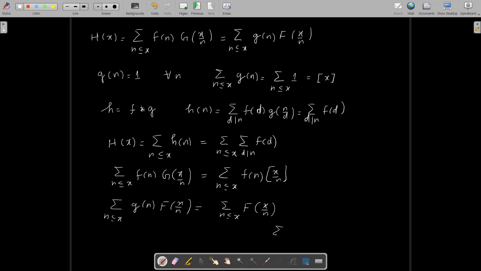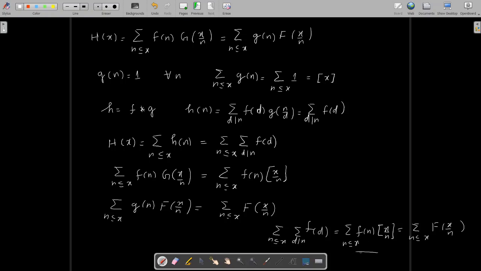Since these three quantities are equal, we get sigma n less than or equal to x, sigma d divides n, f of d, equal to sigma n less than or equal to x, f of n times the integral part of x by n, which is equal to sigma n less than or equal to x, F of x by n.